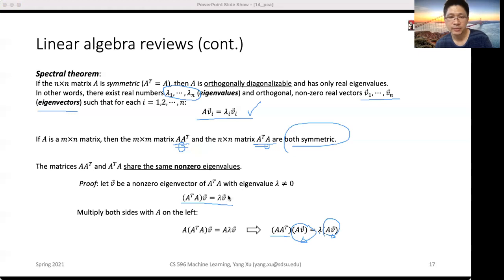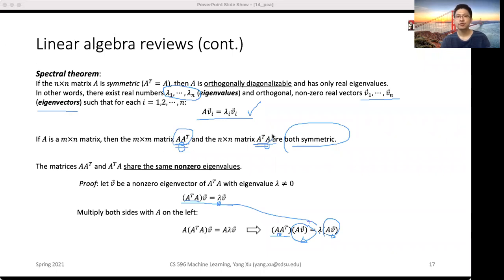The eigenvalues of A transpose times A are also the eigenvalues of A times A transpose. Okay, so this is a very useful property.